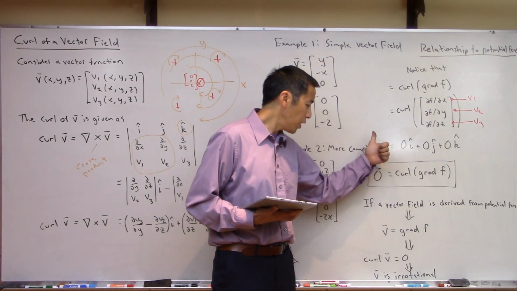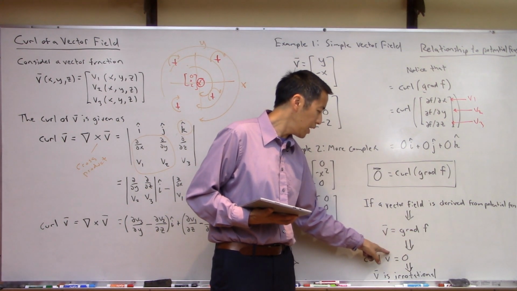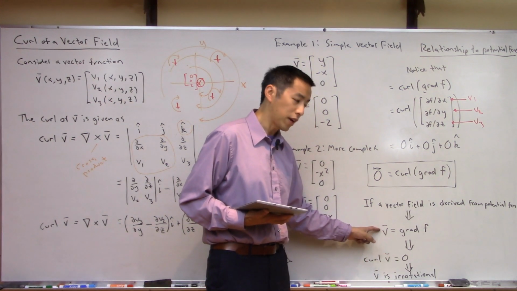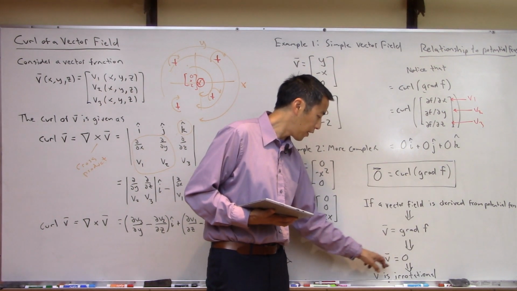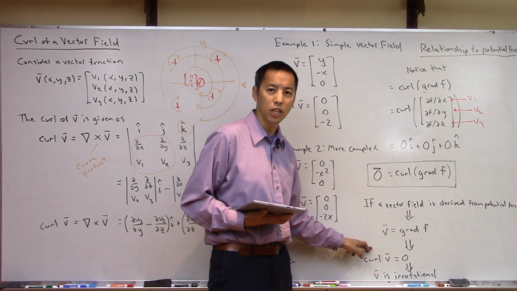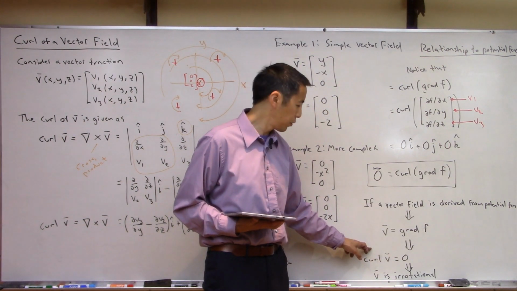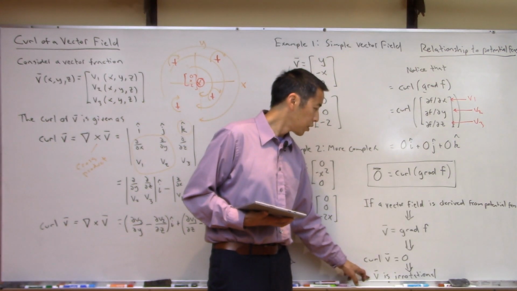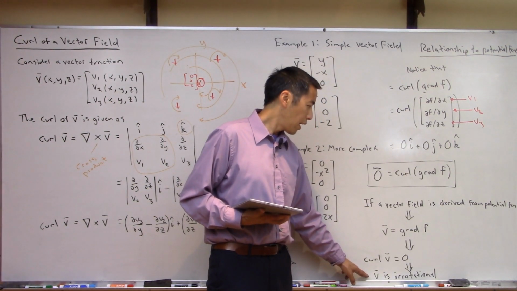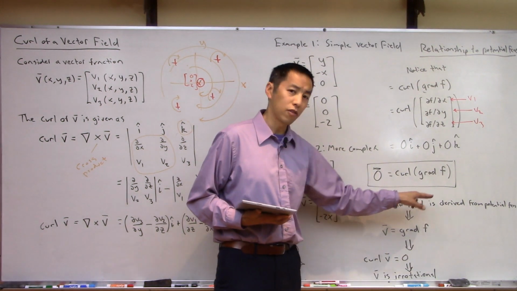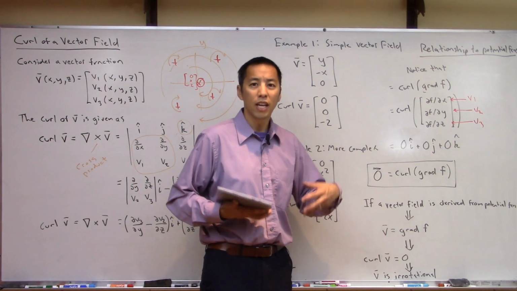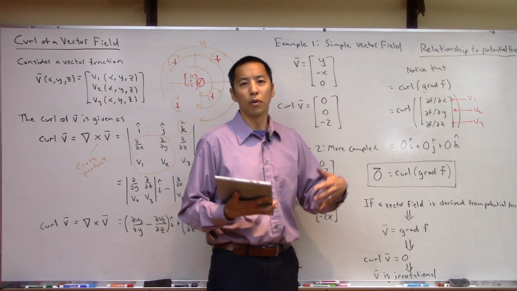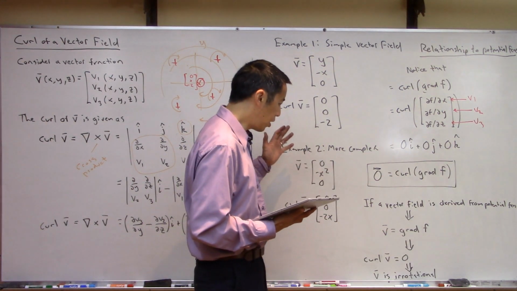What we just showed is that the curl of this vector function is 0. If we're interpreting the curl of the vector field as a measure of rotation in this fluid flow, we see that it's 0. So basically, any vector field that is derived from a potential function, or any vector field that's the gradient of a potential function, is irrotational. So kind of fascinating.